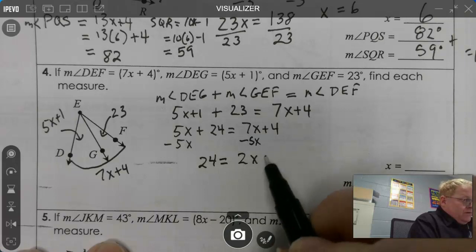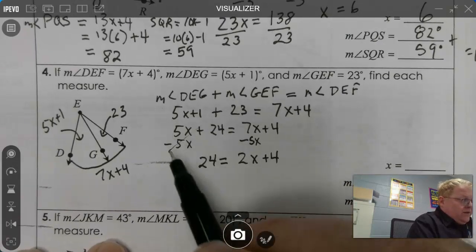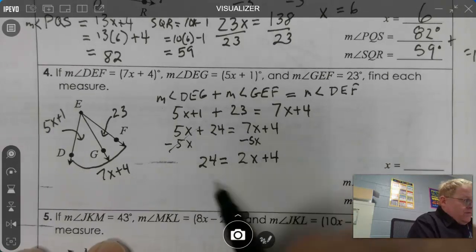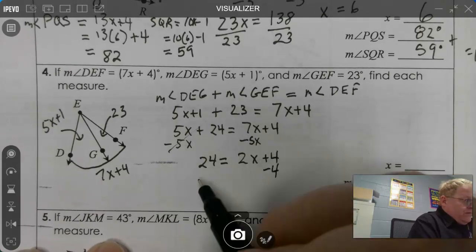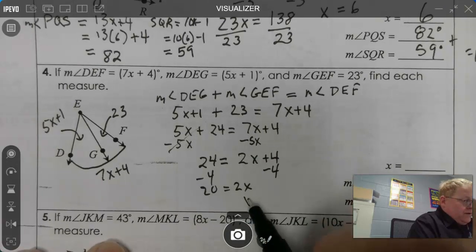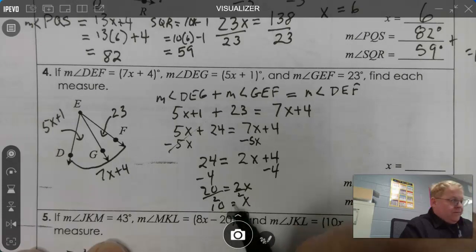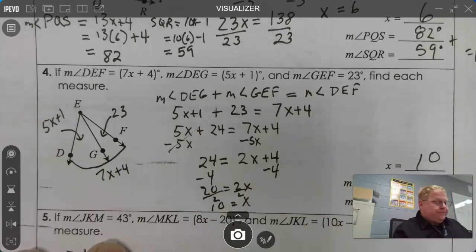So this is 2x plus 4. Since I sent the letters over to the right, I'm going to bring the 4 over to the left. So I got 20 equals 2x. So x divided by 2, divided by 2, x is 10.